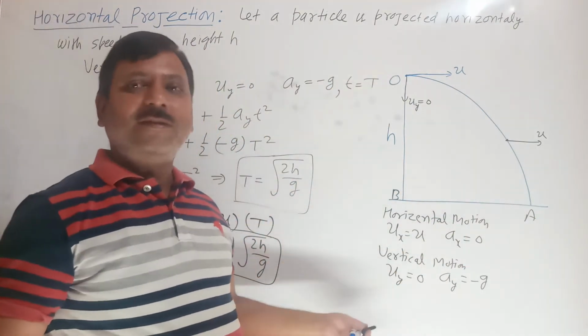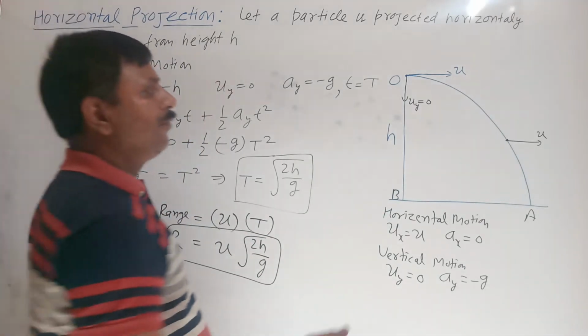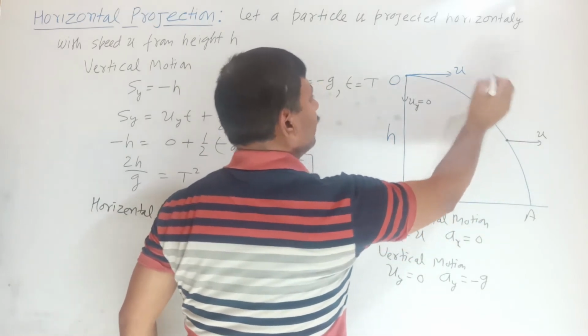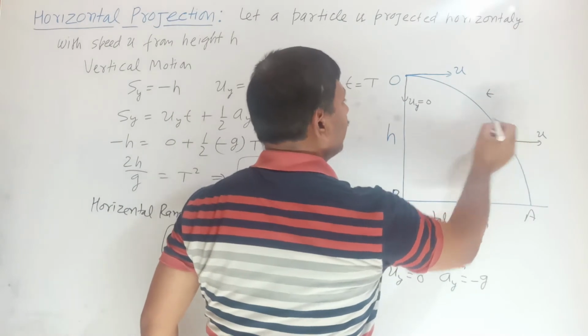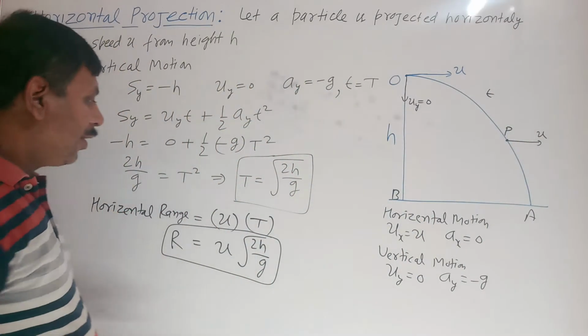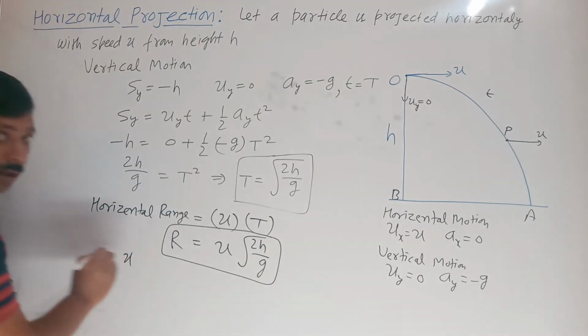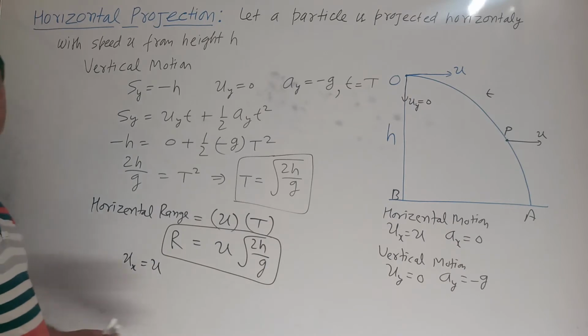The maximum height is h. Now the velocity at any instant: suppose after time t, I want to find the velocity at point P. The horizontal component is Vx = Ux = u.